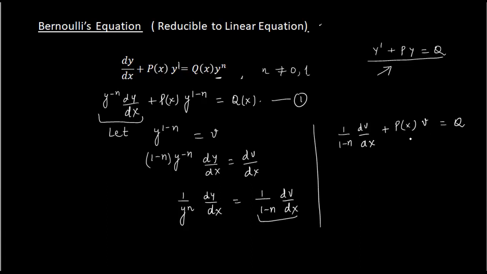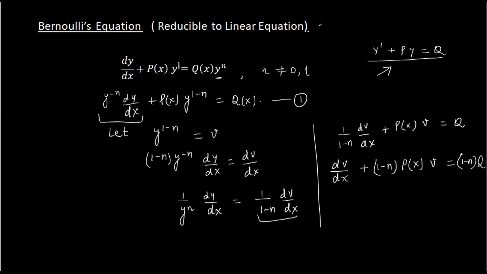Now multiply everything by 1 minus n, we get dv over dx plus 1 minus n times p of x into v equals 1 minus n into q.